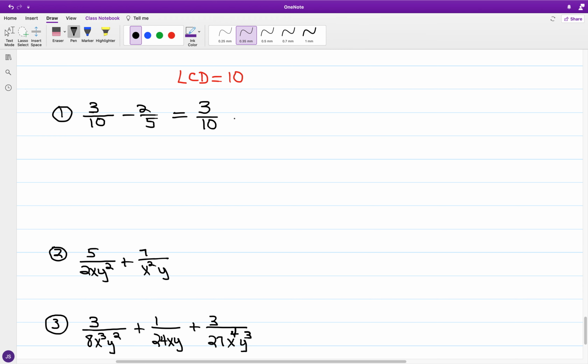And for minus 2/5, I'm going to make an adjustment. I'm going to raise 2/5 to its equivalent in tenths. For 2/5, 5 will go into 10 two times, so I'm going to multiply 2/5 by 2 halves.